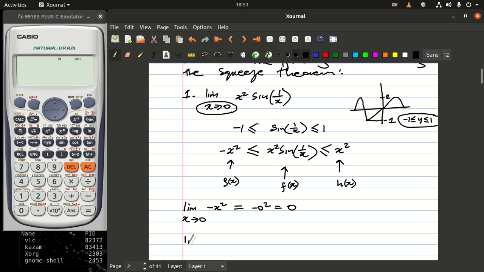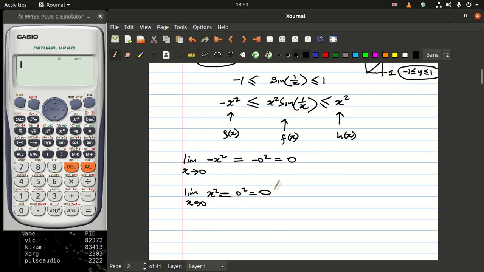Now, the limit as x approaches 0 of x squared: you plug in a 0 and get 0 squared, which is equal to 0. So this implies that the limit as x approaches 0 of minus x squared is equal to the limit as x approaches 0 of x squared.